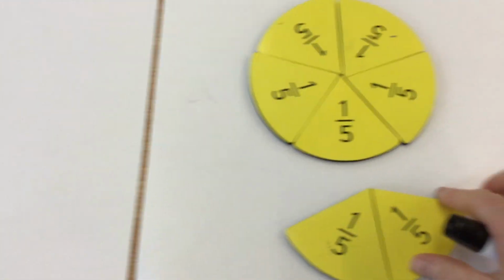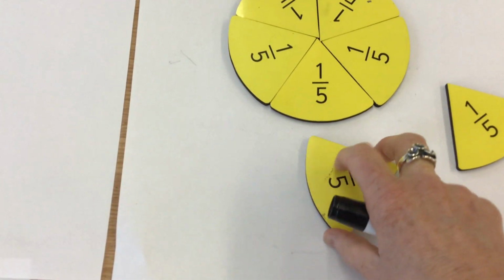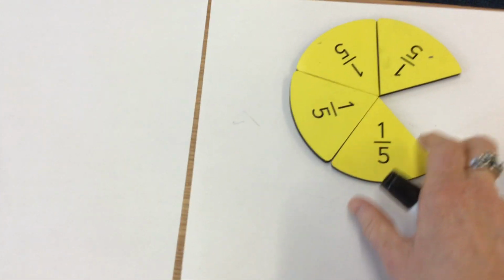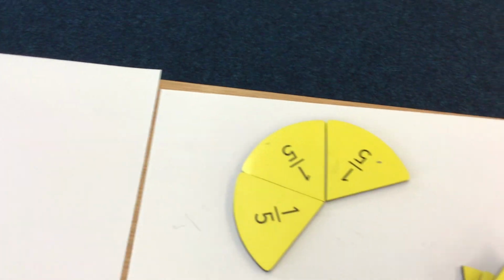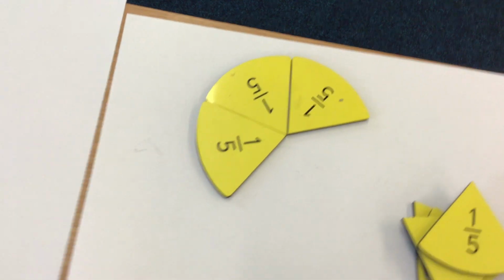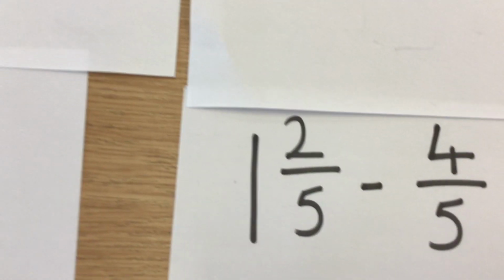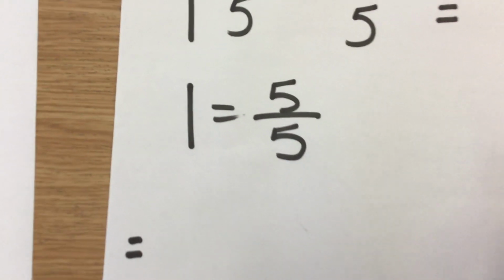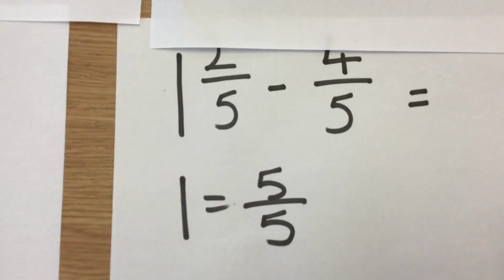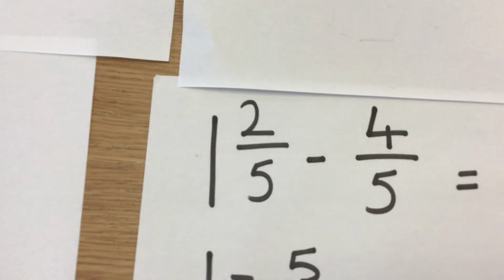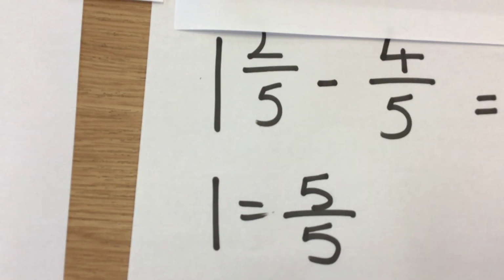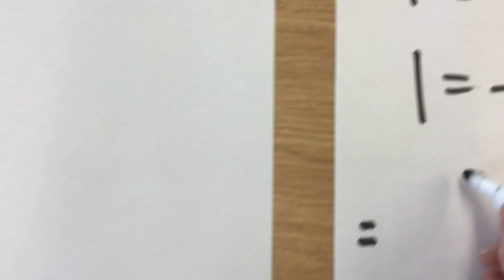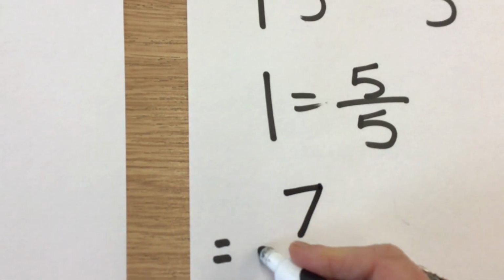Well, I could just take off 4/5 with my practical, 1, 2, 3, 4, and I can see visually I'm left with 3/5, but I need to be able to do it like this. My 1 whole is the same as 5/5, but I've got 1 whole and 2/5. So if I've got 5/5 from my 1 whole and another 2/5, that gives me 7/5.